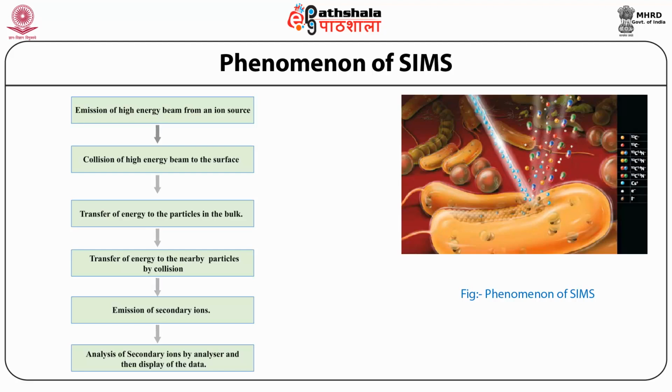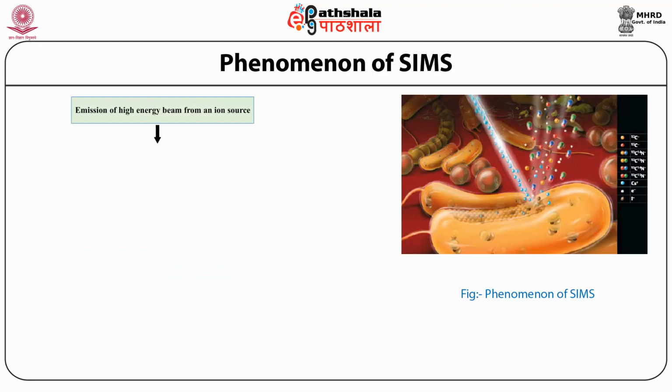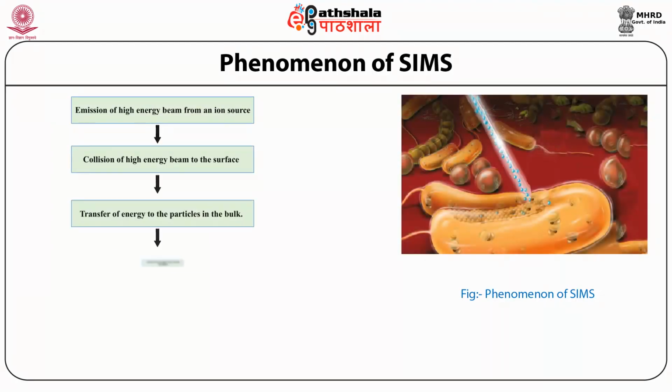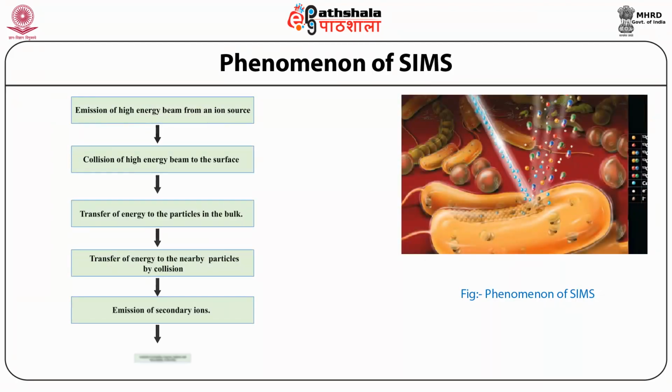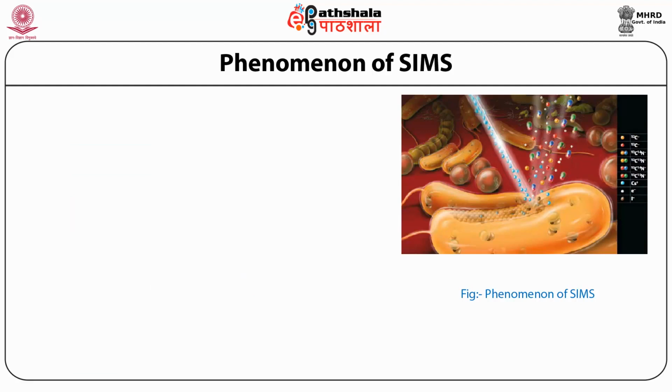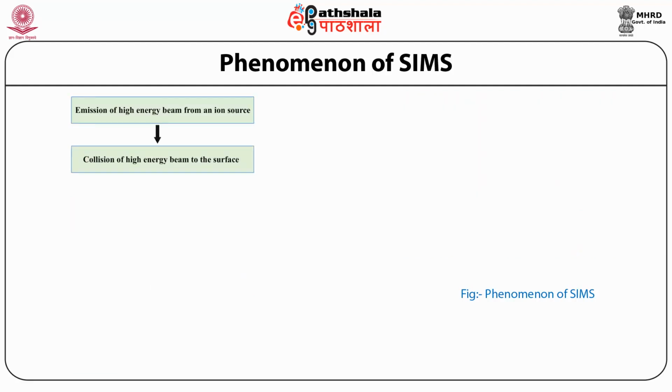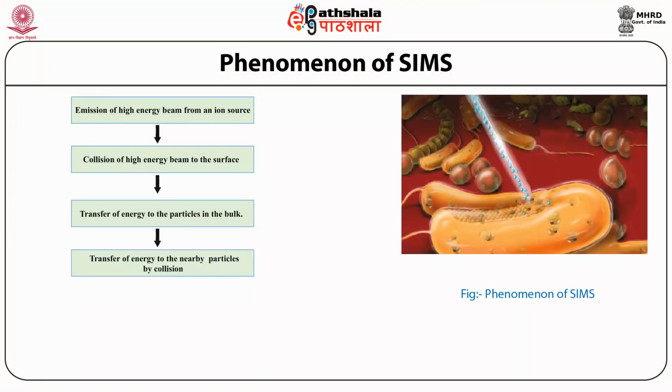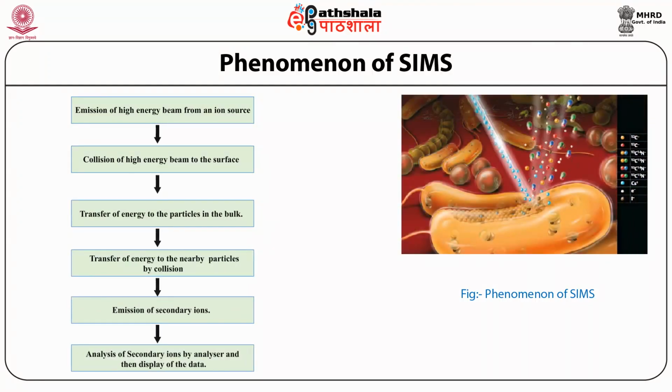We have discussed before also that SIMS is a sputtering phenomenon. When a high energy beam, as shown in the figure, also commonly known as the primary beam, collides with the surface of a solid, energy is transferred from the primary particle to the atoms of the material or sample that has to be analyzed.